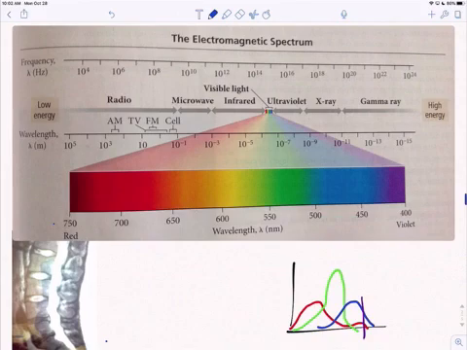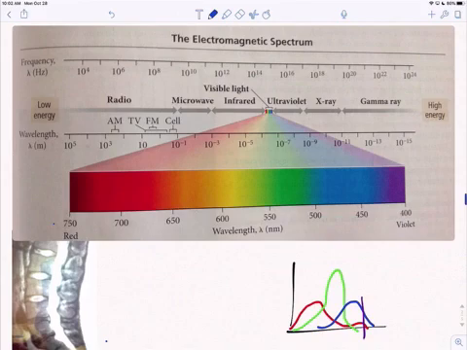And then we get to visible light. What does visible light do? Visible light causes electrons to jump up and down in energy levels. Absorbing light causes them to jump up. When they go back down, they emit light. Red light is around 700 nanometers, which is low energy.